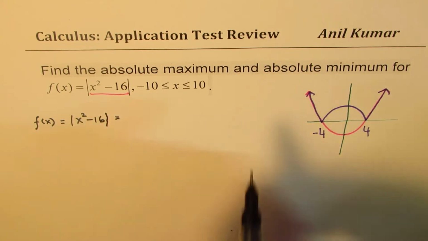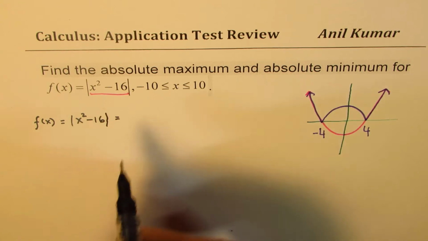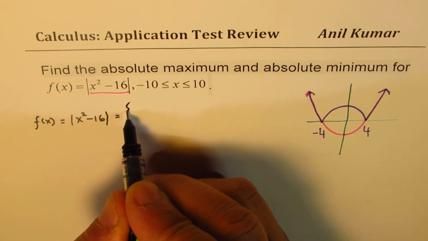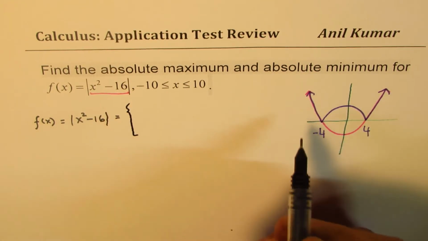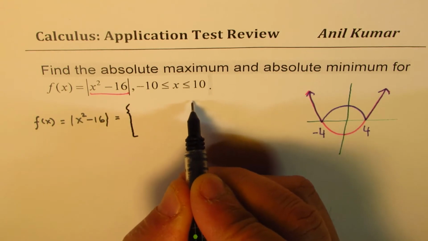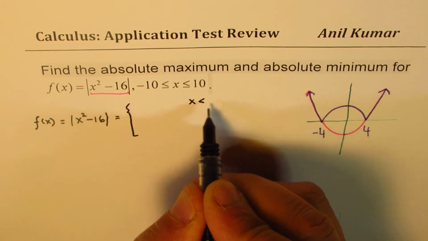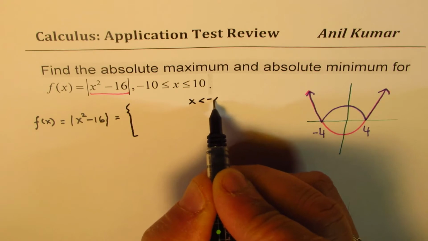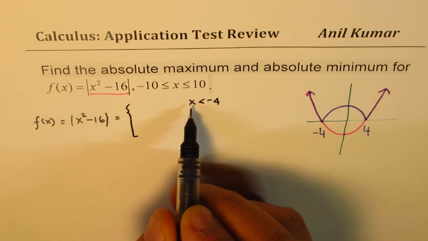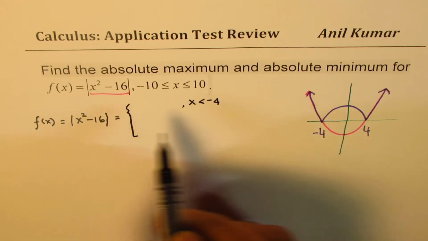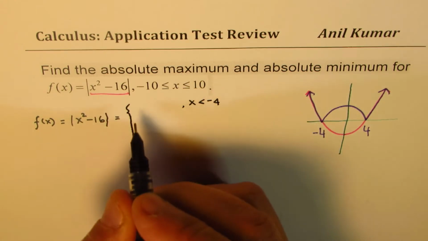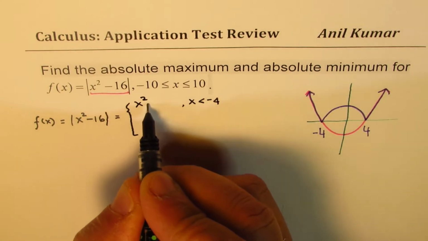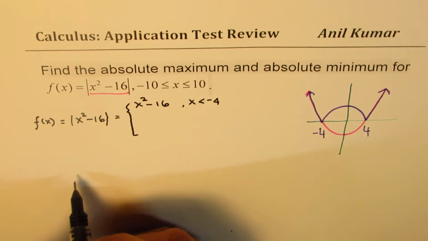So we could now define this in 3 intervals. The first one is when x is less than minus 4. In that case it is the same as the original function, which was x squared minus 16.